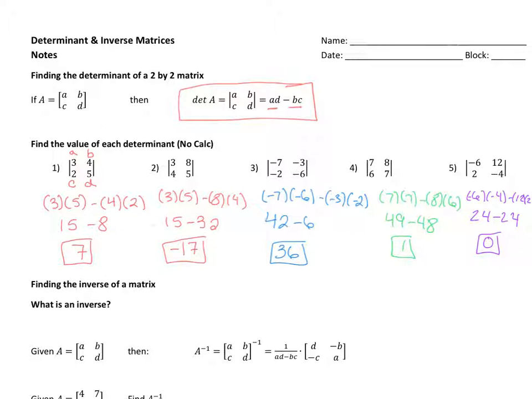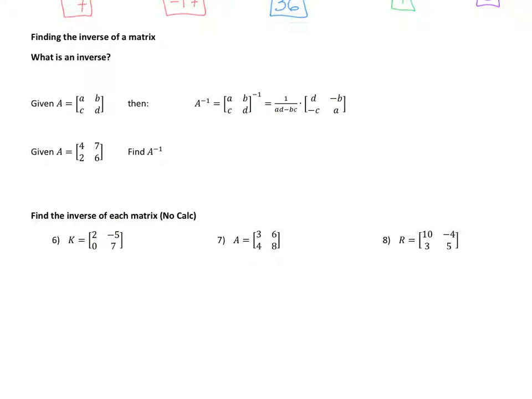The reason we find the determinant is because the determinant helps us find the inverse of a matrix, which is what we're going to do next. To find the inverse of a 2 by 2 matrix, we're going to use this formula that I'm boxing right here in purple. To find the inverse, that's what the -1 power means. So the A inverse, or the inverse of this matrix A, I'm going to do 1 over this AD minus BC.